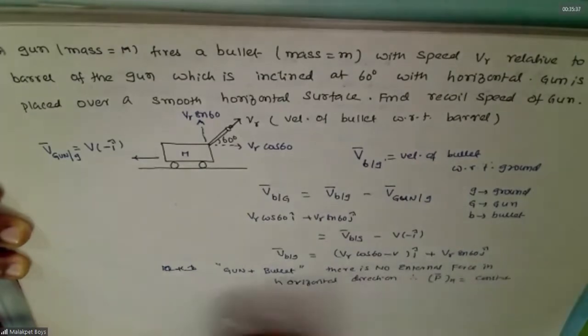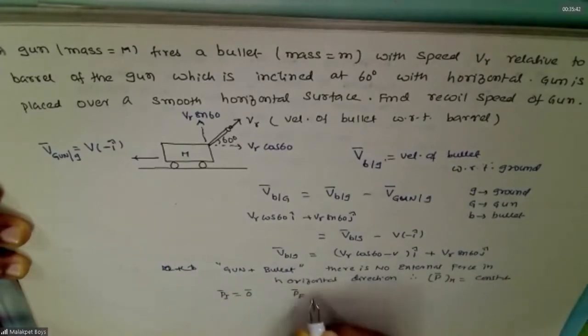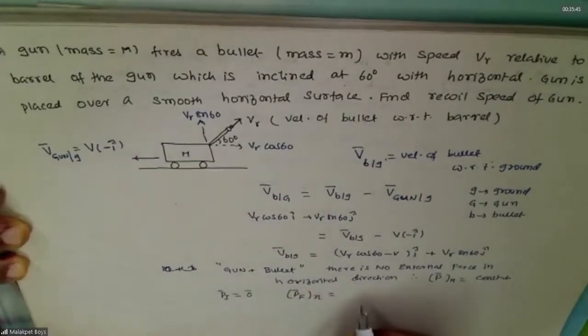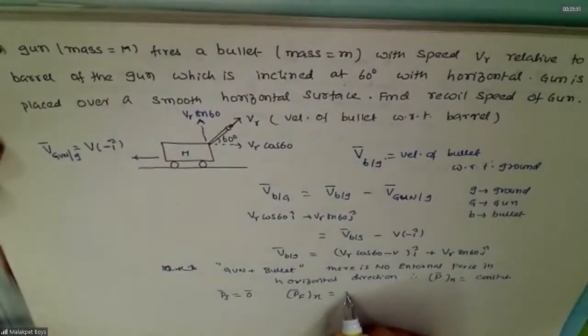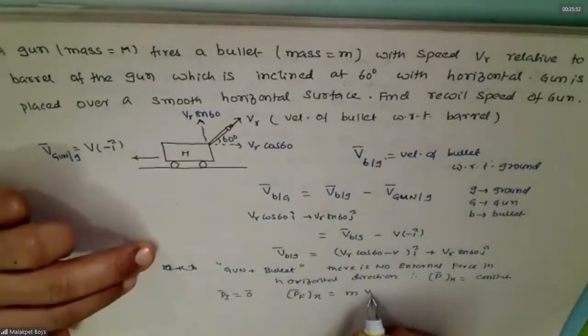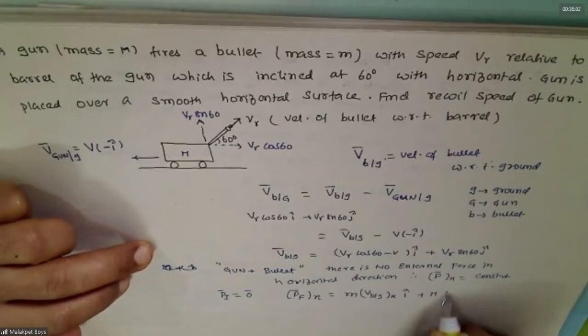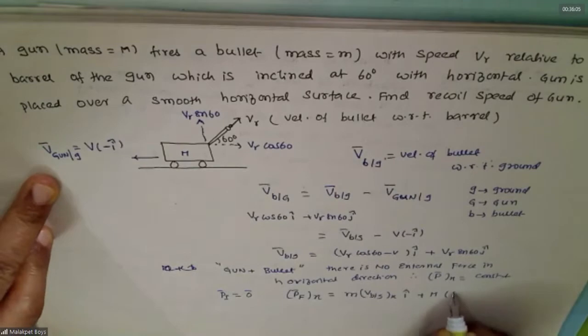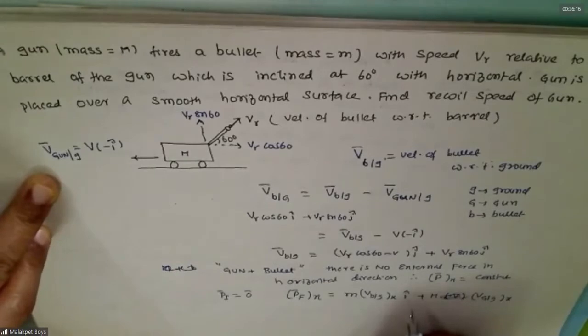Initial momentum is 0 because both are at rest. Final momentum along x direction is mass of bullet, he gave a mass, times velocity of bullet in the x direction, plus mass of gun times velocity of gun with respect to ground in the x direction. Do you agree with this or not? Clear? Yes, sir.